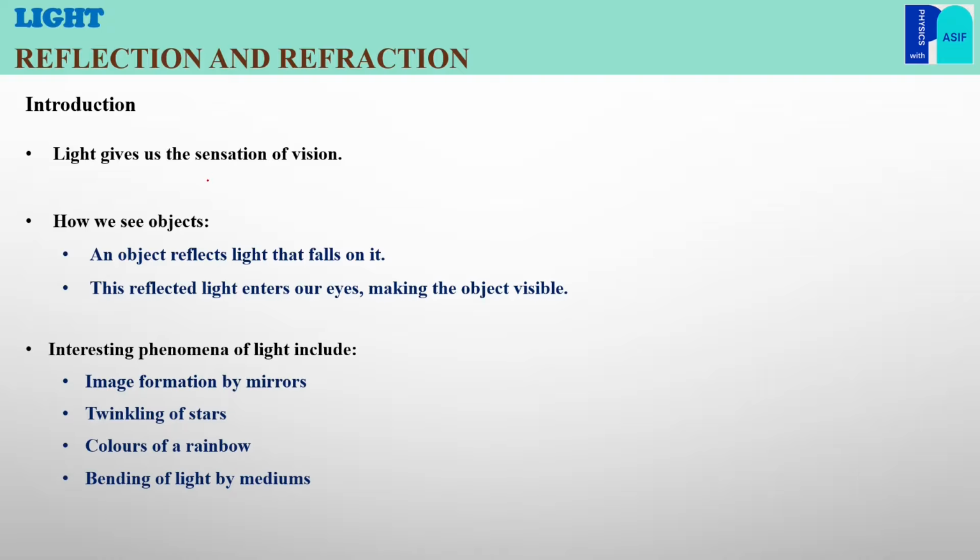If you look at the first one, image formation by mirrors, it comes under reflection of light, and the twinkling of stars, colors of a rainbow, and the bending of light, these three naturally occurring phenomena come under the refraction of light. In the lower classes, we have seen the naturally occurring phenomena that depend on reflection and refraction. In this chapter, we will explore and try to understand the same phenomena by using objects like the spherical mirrors and the spherical lenses.